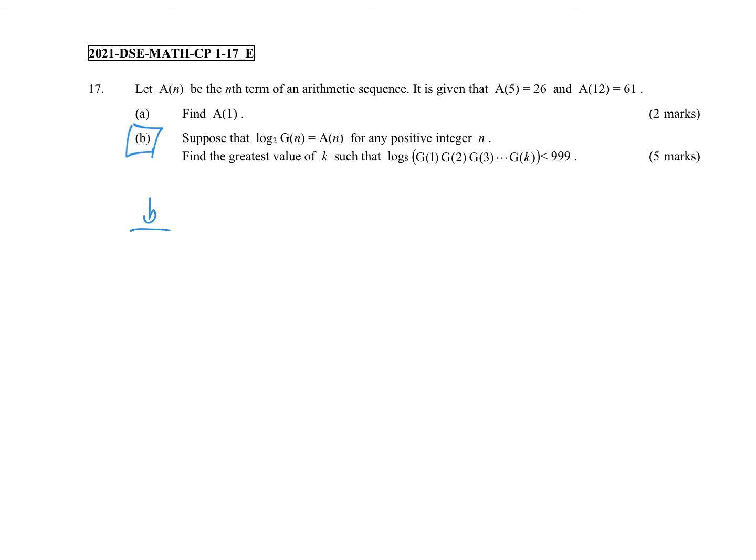Part B. We want to find the greatest value of k satisfying the inequality in terms of log. Part B is 5 marks, so we need to handle it with care. First of all, we copy the inequality: log of g1 times g2 times g3 and so on, up to gk, this is the product, to the base 8, less than 999.